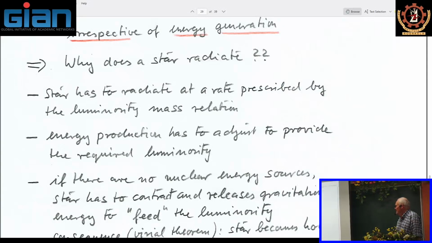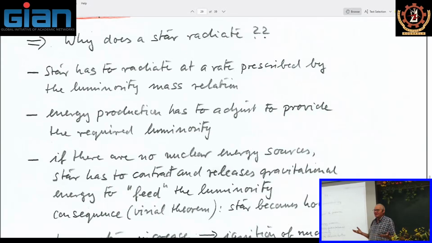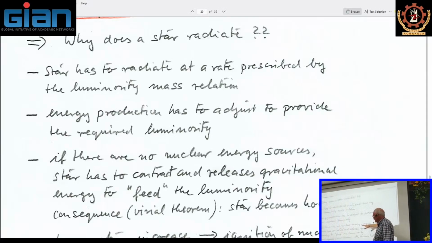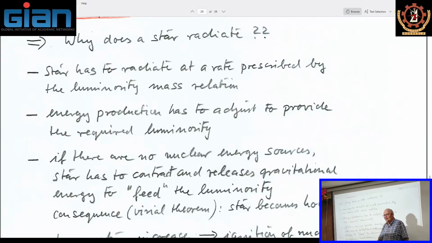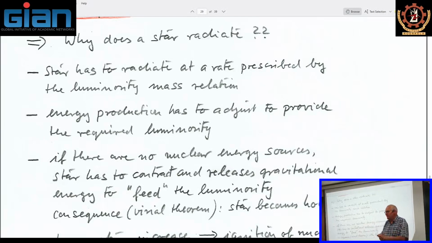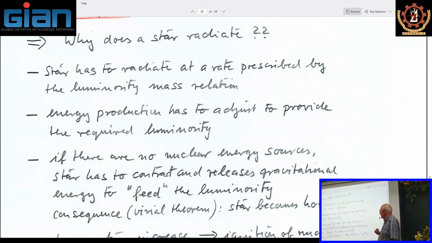Second, if there are no nuclear energy sources, then the star has to rely on its gravitational energy. If no nuclear processes are taking place, then it has to take its gravitational energy. So the star has to contract to release that gravitational energy and to feed the luminosity.